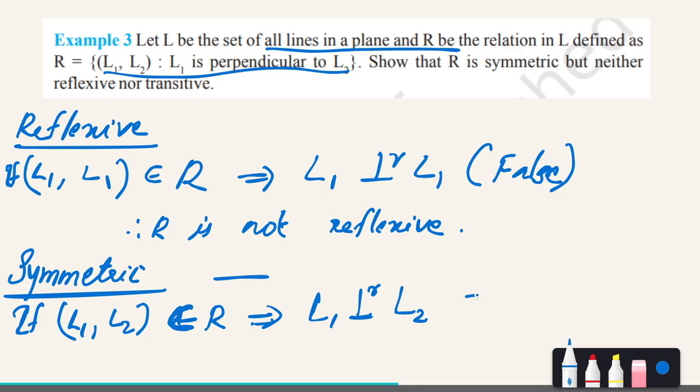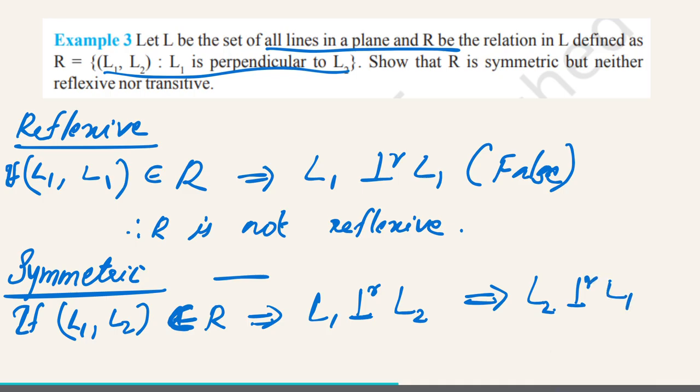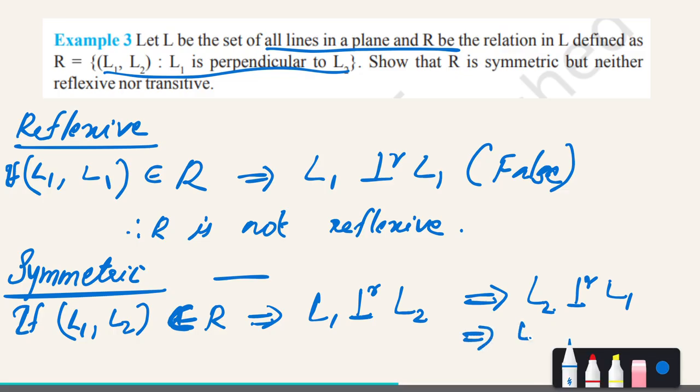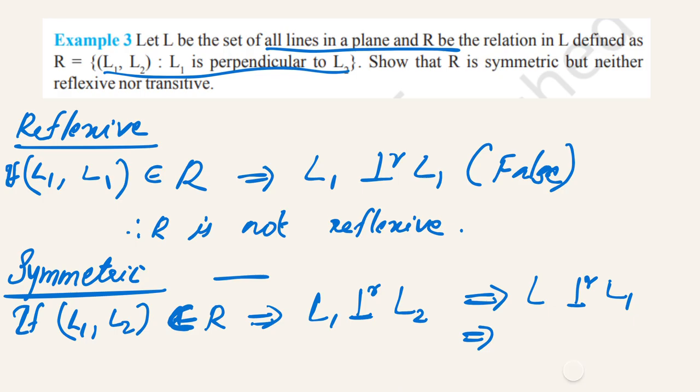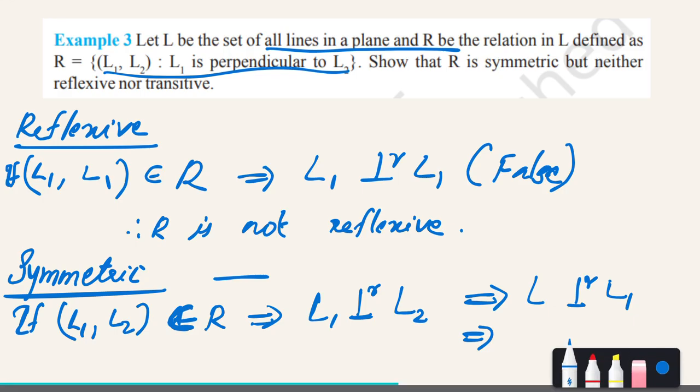If L1 is perpendicular to L2, we can say that L2 is also perpendicular to L1. Therefore, (L1, L2) belongs to R implies (L2, L1) also belongs to R. Therefore, we can say that R is symmetric.